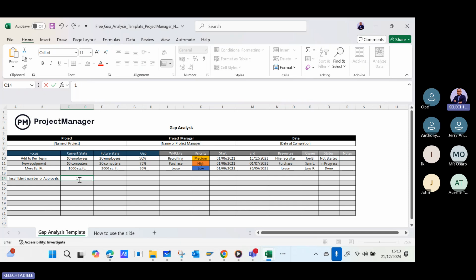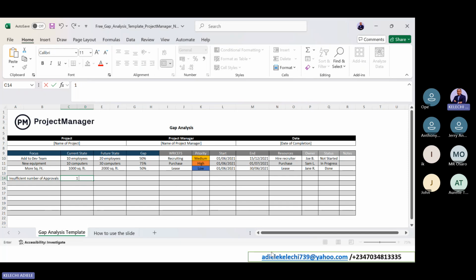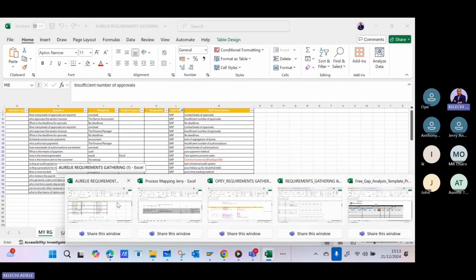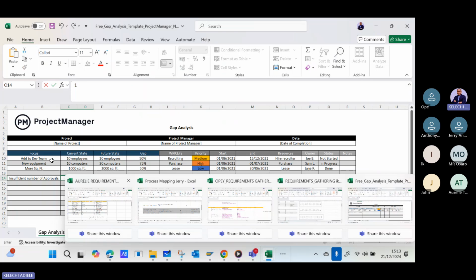That one person is, I think, what Tamomo put here. So you have to make sure you gather all this information. Who is that finance manager, senior accountant?